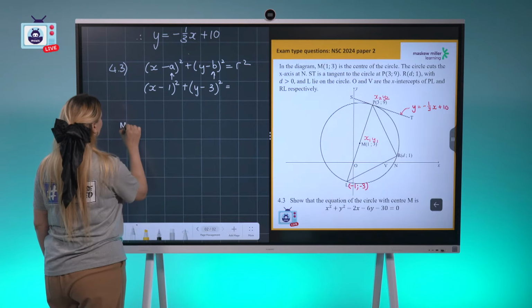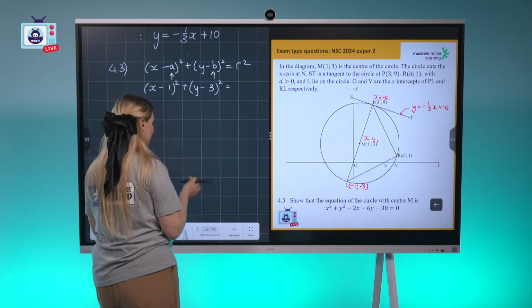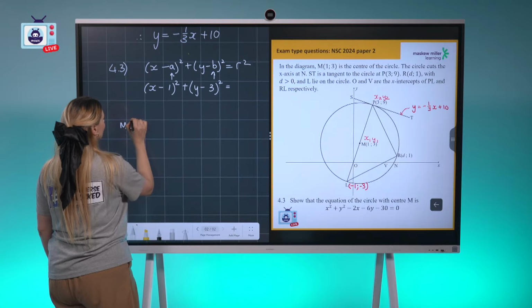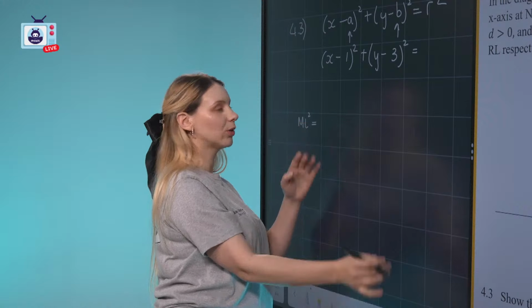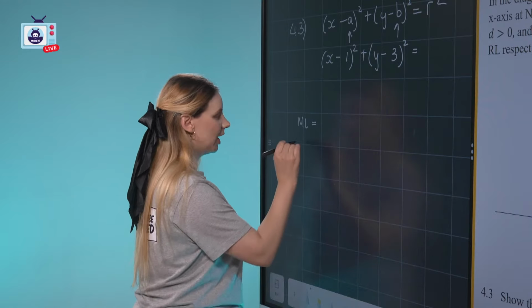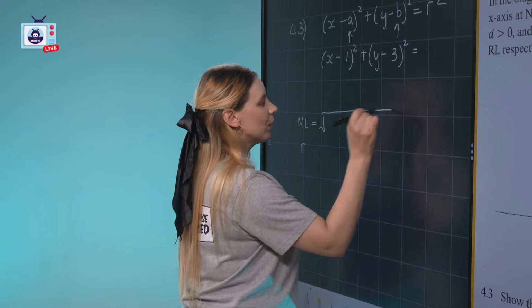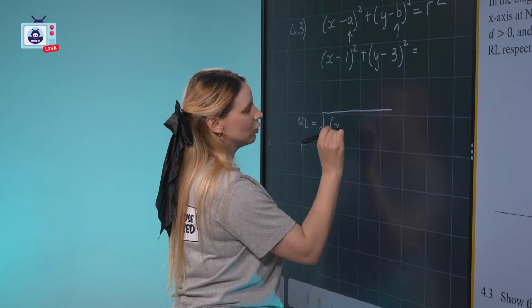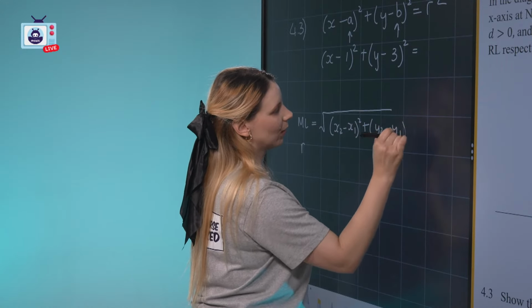So M, L will equal, and we're working with the distance formula, but remember I showed you two different variations. So I'm going to do the one where we square both sides, so I'm not going to have the square root. I'll show you what I mean by that. So I've got ML, which is my radius, by the way. It's the square root of x2 minus x1 squared plus y2 minus y1 squared.